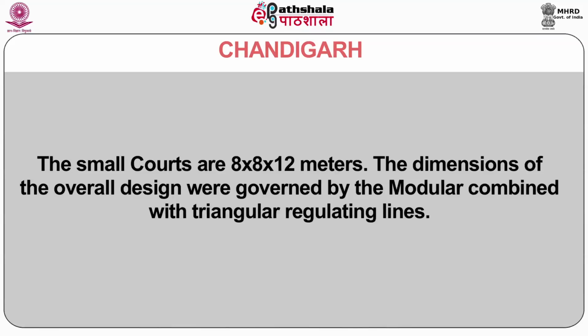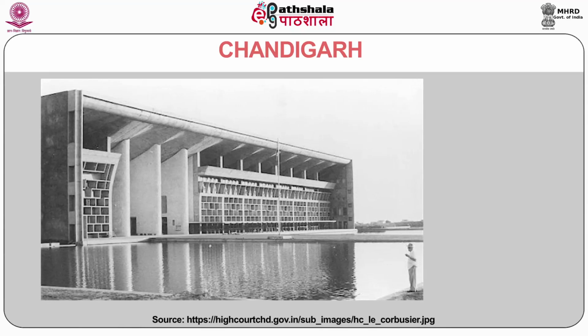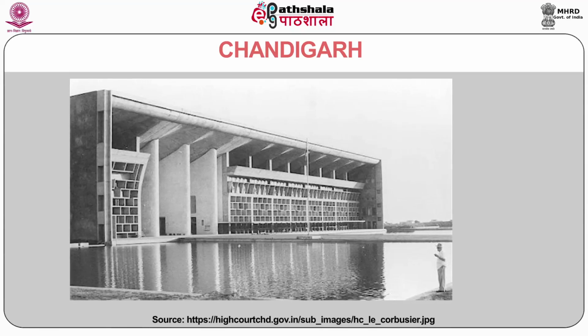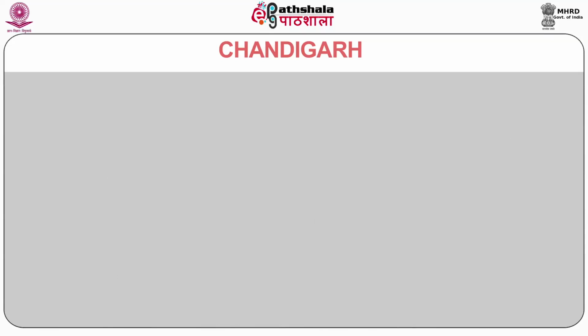The small courts are 8 by 8 by 12 meters. The dimensions of the overall design were governed by the modular combined with triangular regulating lines. The design of the High Court is an embodiment of the climate responsive architecture as conceived by Corbusier for the new city.